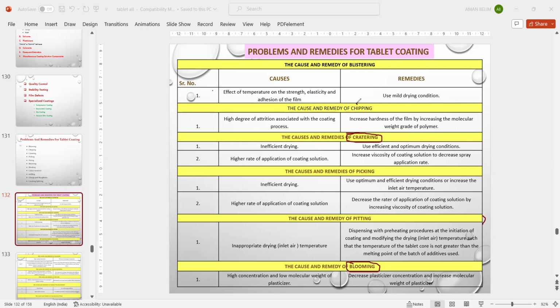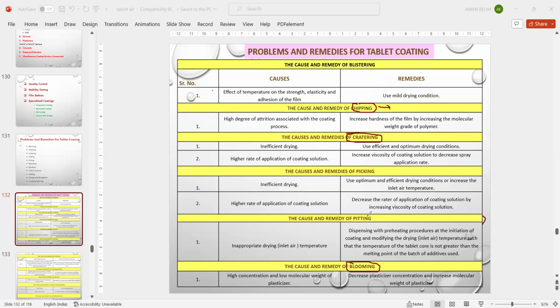In case of chipping, chipping is simply the breaking of the tablet edges. That is known as chipping.